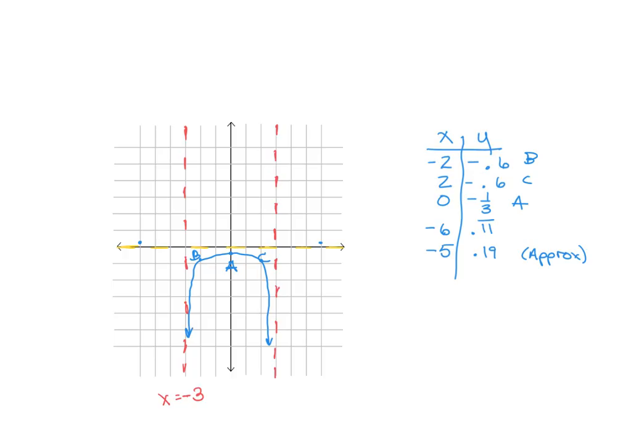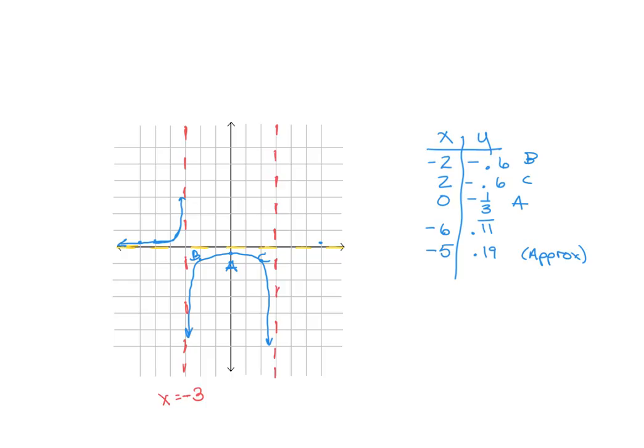So if we graph that, negative 5.19, that's not really all that much higher. This one actually is very, very shallow right here. And it's not until it passes the negative 4 that it really starts taking off.